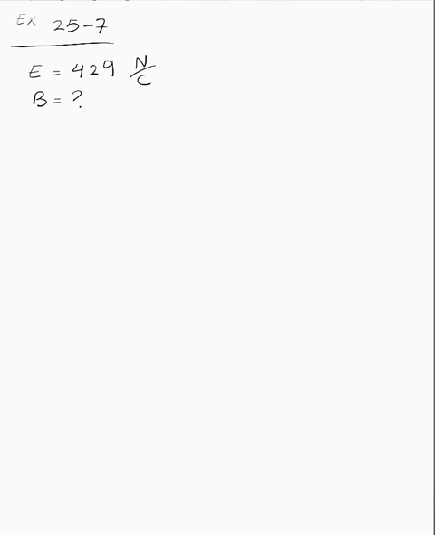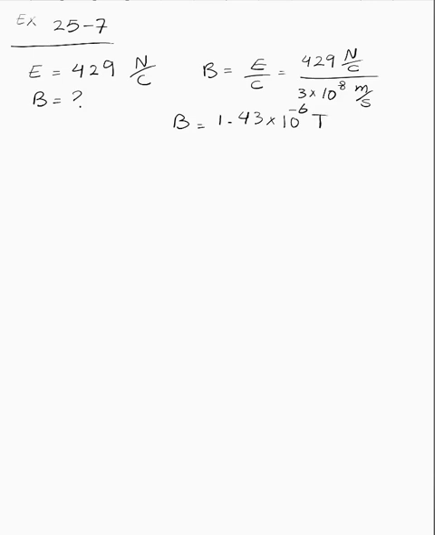Using the previous equation, I can write B equals E divided by the speed of light, equals 429 newtons per coulomb divided by 3 times 10 to the power of 8 meters per second. And if we calculate this, the magnetic field will be equal to 1.43 times 10 to the power of negative 6 Tesla.